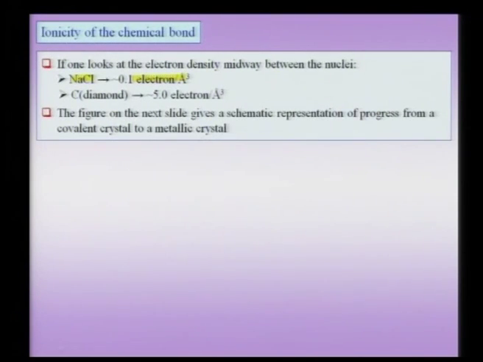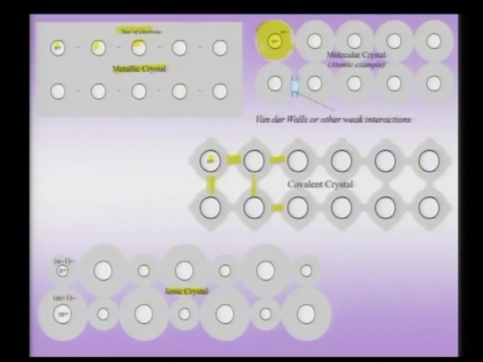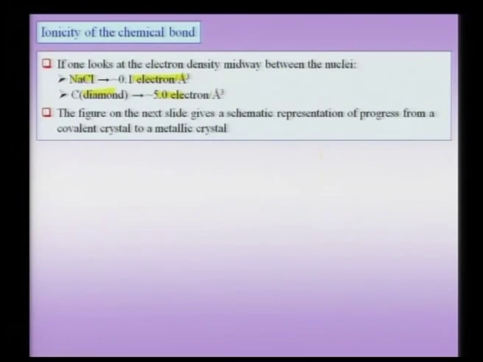It is a very small electron density between the ion cores. But in the case of carbon, which as you know is a covalently bonded material, the electron density is 5 electrons per angstrom cube. So, there is considerable electron density in the inter-ionic regime in the case of the covalent bond, which is clearly seen from considering the electron density between the two ion cores.